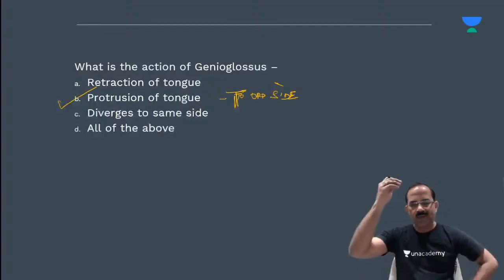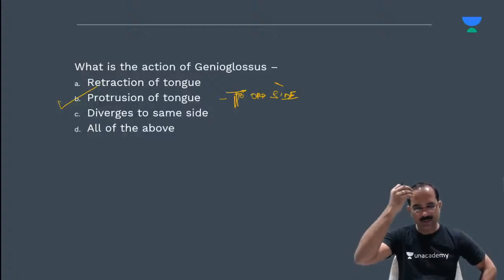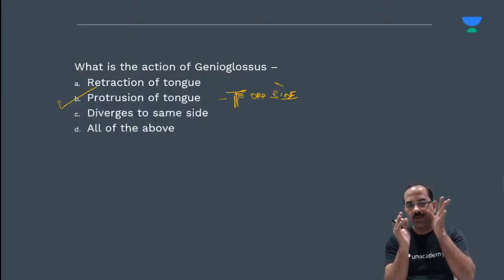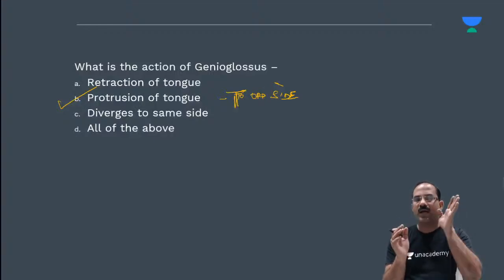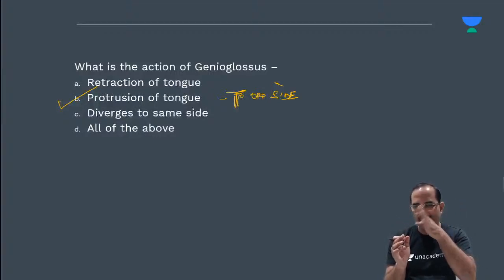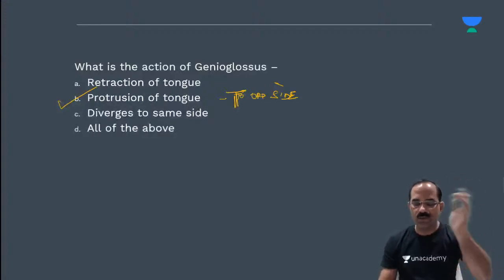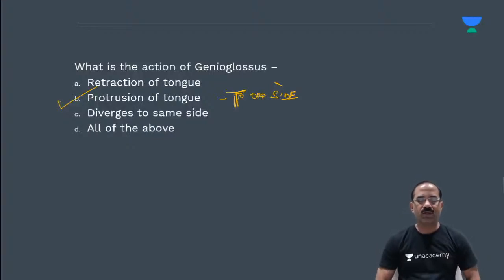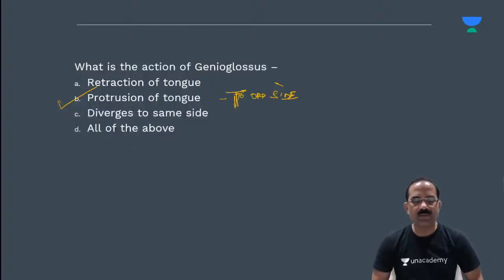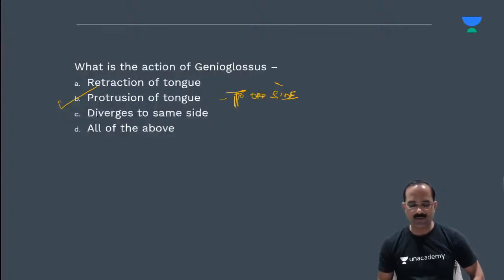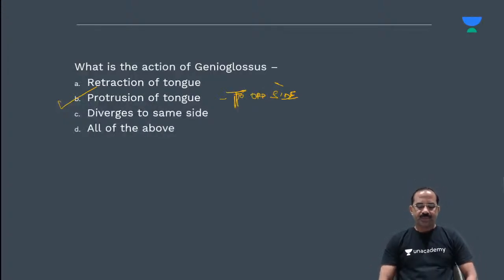Now if there's a lesion of the right hypoglossal nerve, who is paralyzed? The right genioglossus is gone. The left genioglossus becomes powerful and protrudes the tongue to the right side. That's how, in lesions of the hypoglossal nerve, the tongue deviates to the same side as the lesion.